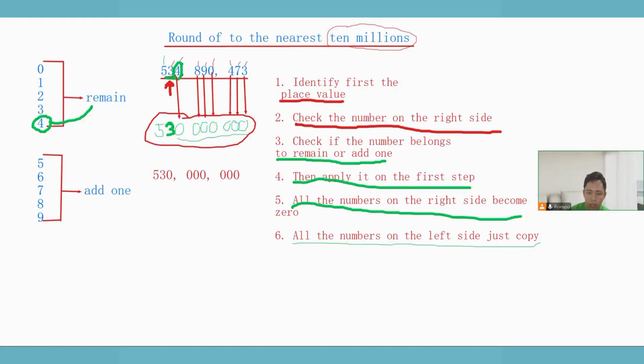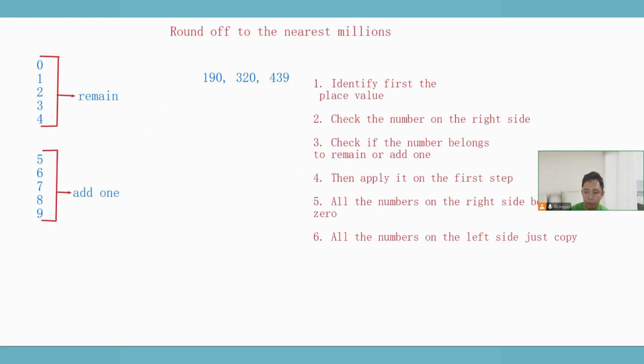Next, let's have another example. Let's round off to the nearest millions. We have to identify which number is the millions value. Let's check: ones, tens, hundreds, thousands, 10,000s, 100,000s, millions.